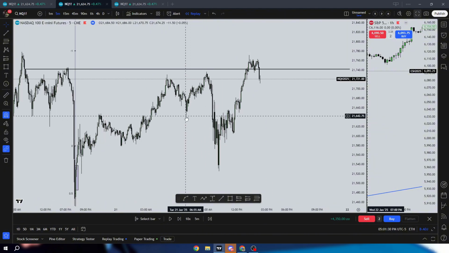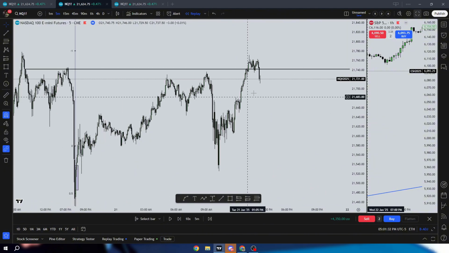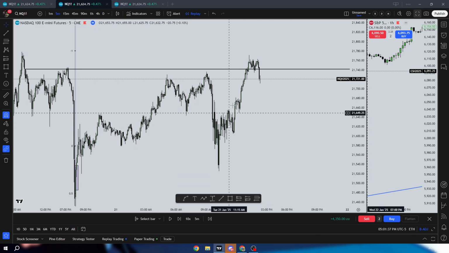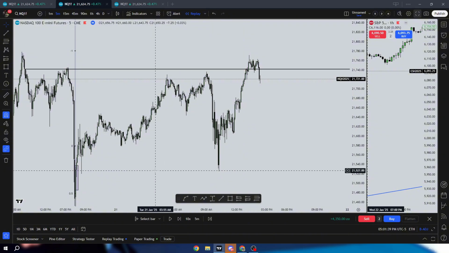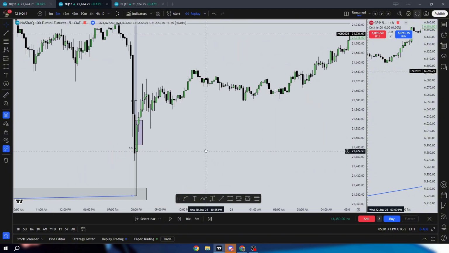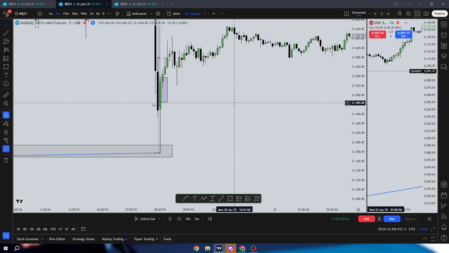Okay, so we did get taken out here. So we did get taken out a little bit early for profit for 4,300, while NQ did take our full take profit. But that's just a quick trade showing you how you can use SMT as confluence to enter your trades.